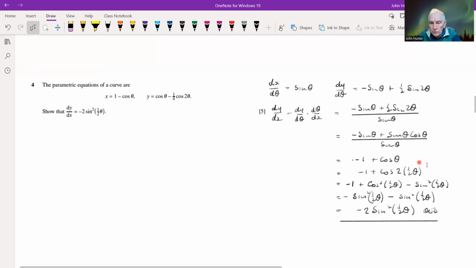But we have a trick up our sleeves, and that is basically to do this. If we separate this out, so cos 2 times half theta, then we can use our double angle formula on this bit. Okay, so cos 2 of a half theta is going to be cos squared half theta minus sine squared half theta, got our minus 1 there. And then we do a conversion on cos squared half theta, which is equal to 1 minus sine squared of half theta.